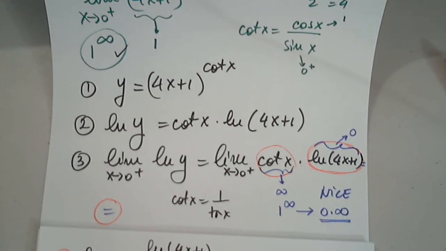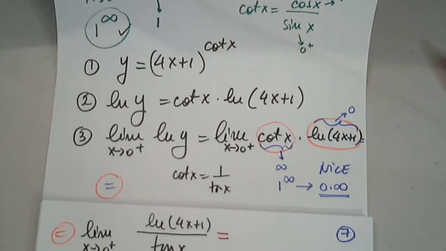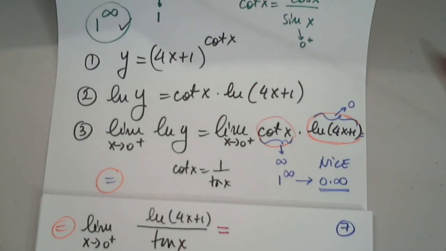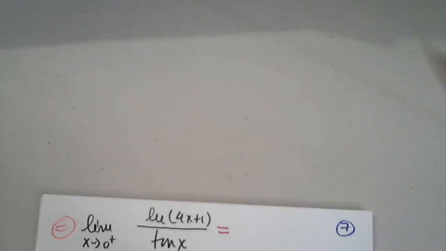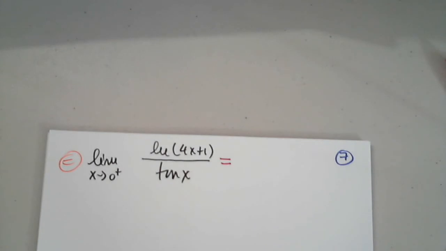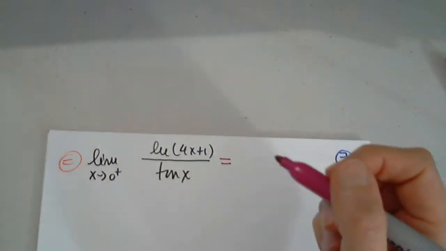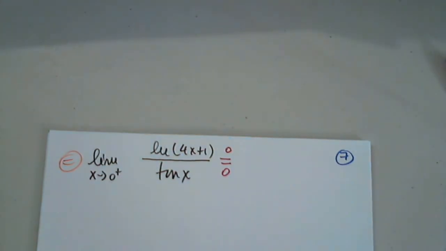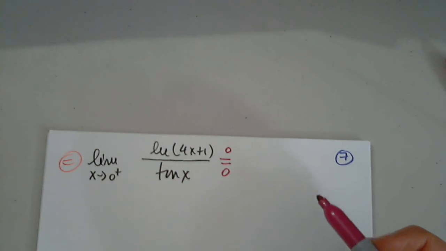And now this is, again, music to my ears, because the top goes where and the bottom goes where? Where does the... 0? Yes, awesome. Exactly. So from now on, it's a piece of cake.